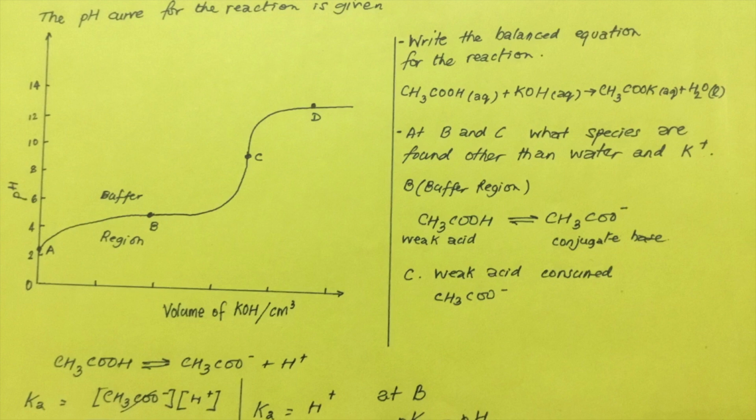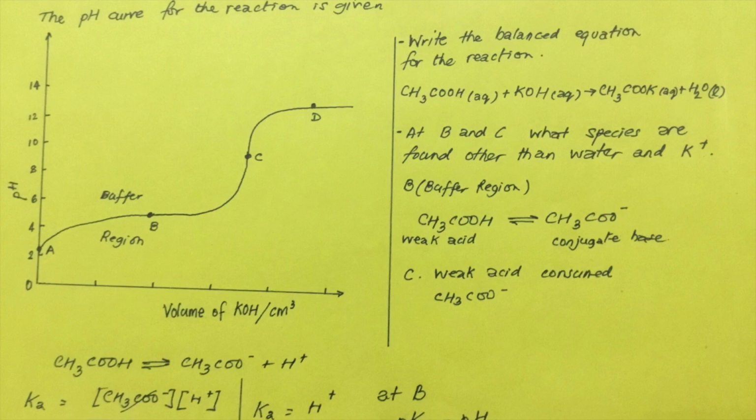But in this particular case, as ethanoic acid begins to get consumed and it's halfway through its consumption, like somewhere around here, that is the buffer region. And in that buffer region, there is an equilibrium between the weak acid and its conjugate base, as shown here.